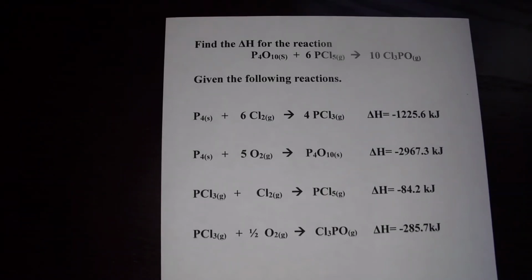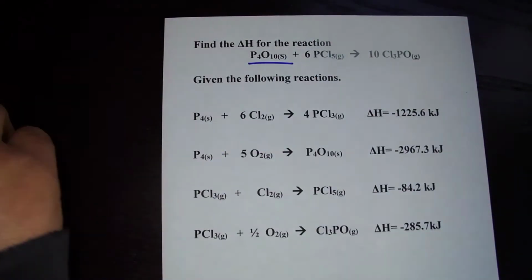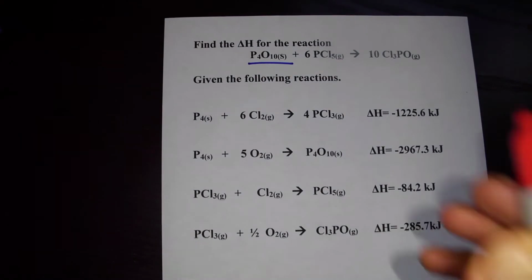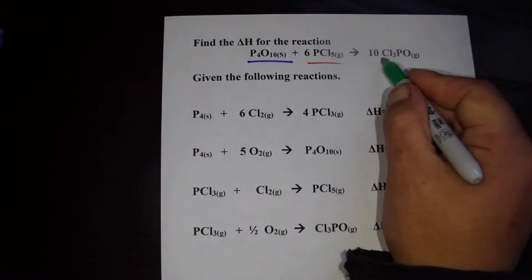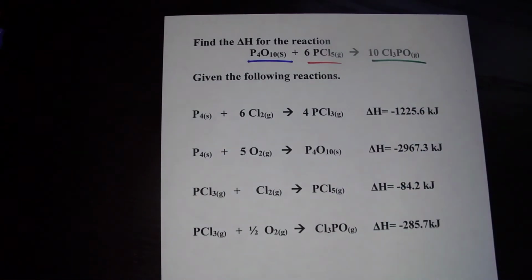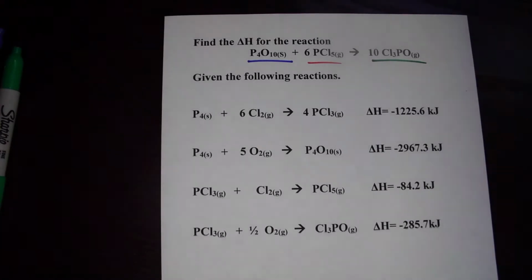First, I want to recognize that I've got to get to this guy, and also this one, and identify where they're at in the problems down below. We're going to rearrange these four multi-step equations so that we can add them together and essentially equal the one up at the very top.